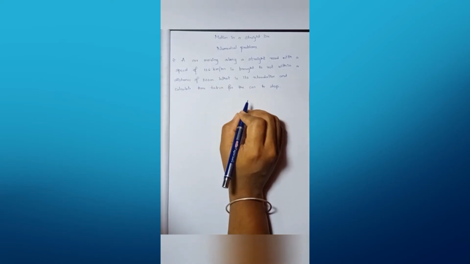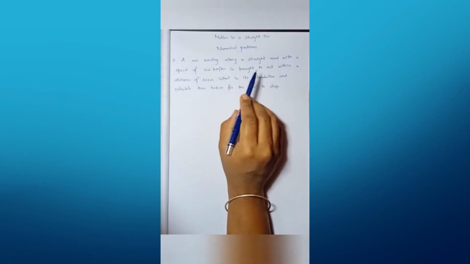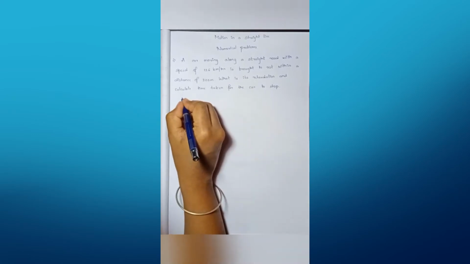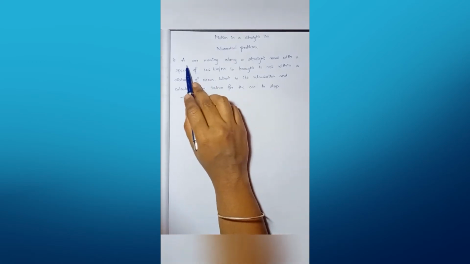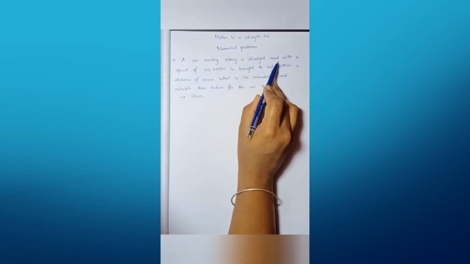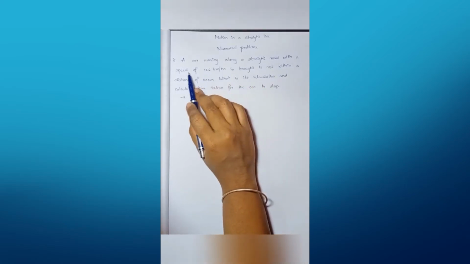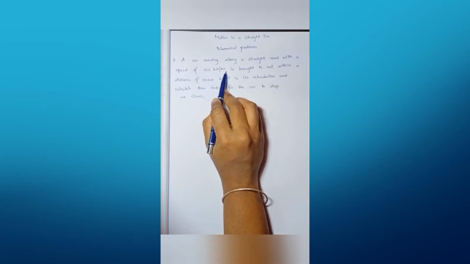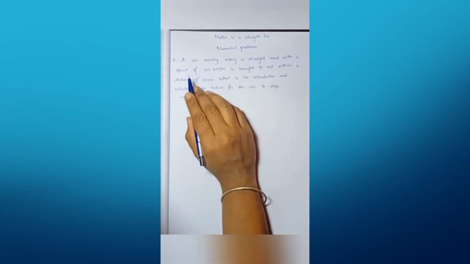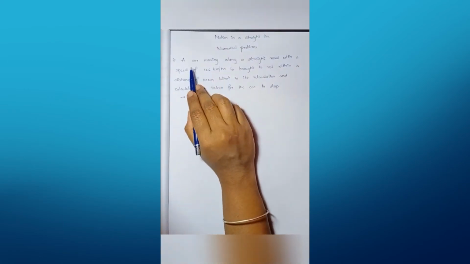Before going to solve this problem, we'll see what are the given things in this problem. Write down given. A car moving along a straight road with a speed of 126 kilometer per hour. That is an initial velocity because it started moving.